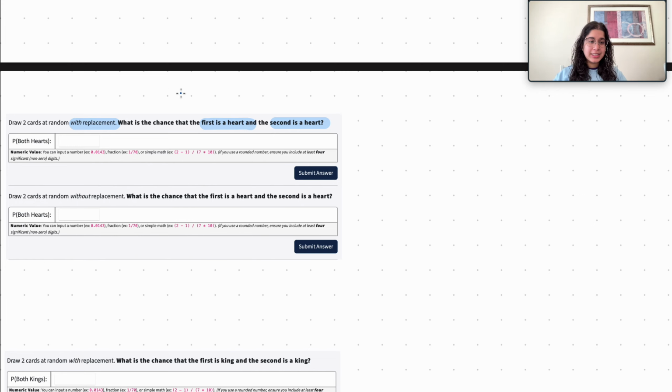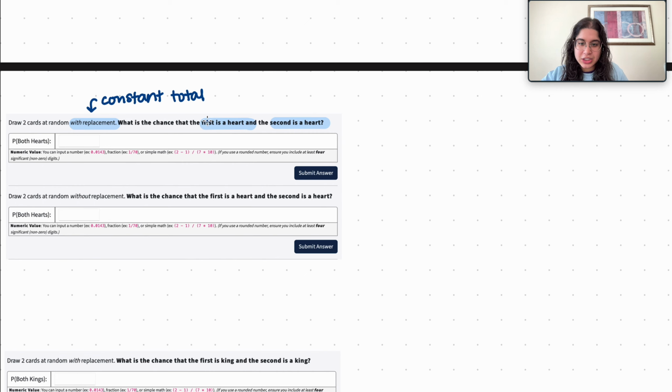If I'm replacing the cards and drawing two cards, my total will stay the same because every time I pick a card, I'm putting it back. So we have a constant total. That means we always have 52 cards in our deck that will not change.